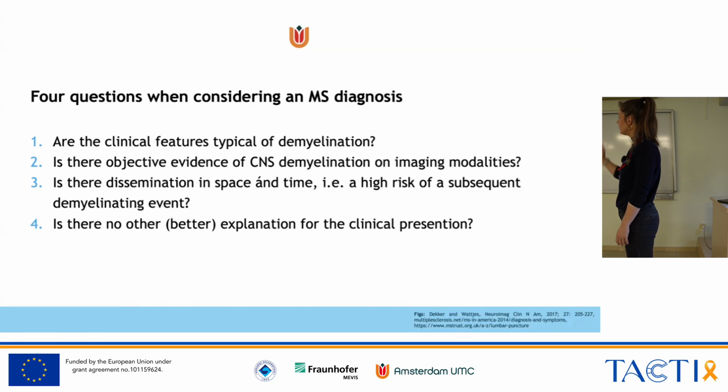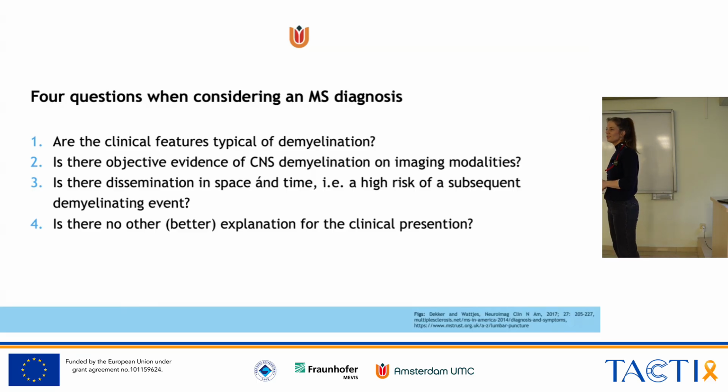Then the big question is whether there is dissemination in space and time, meaning a high risk of a next demyelinating event, either MRI lesions or relapses, because lesions always lead to relapses. And last but not least, the most difficult one: is there no better explanation for the clinical presentation?